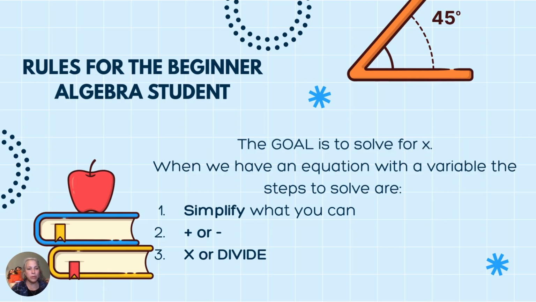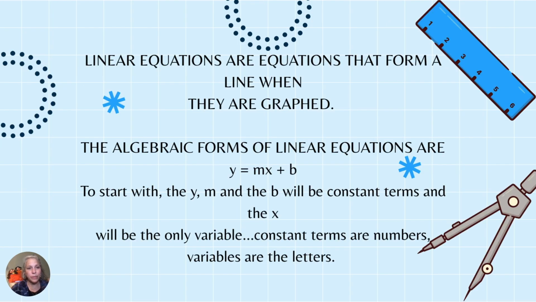First, you are going to simplify anything you can in the equation. Then you're going to add or subtract. And the third step is multiply or divide. And when you do get an answer, you're going to go back, put it into your original equation, and see if it works in that equation. So those are the basic steps for solving for x.